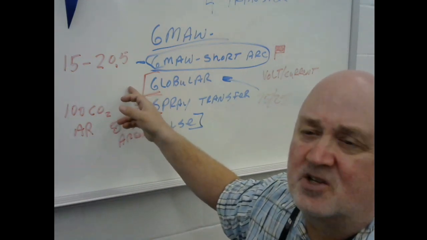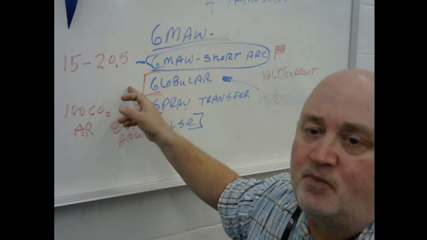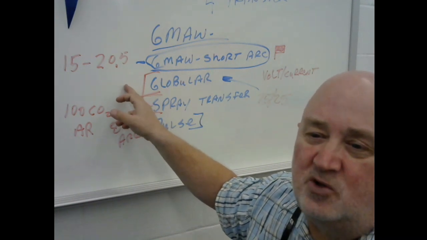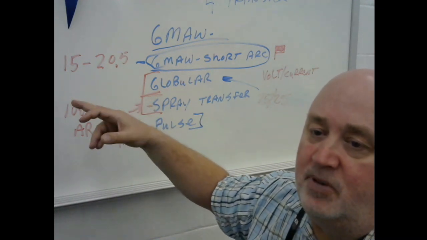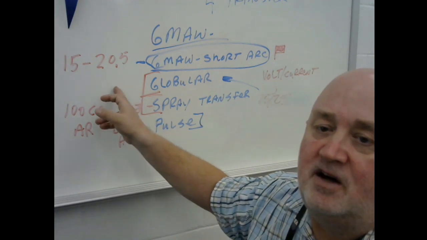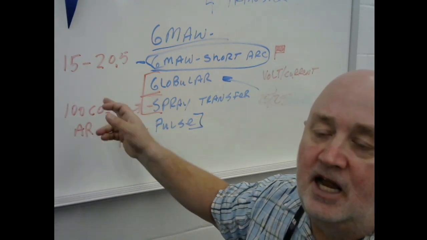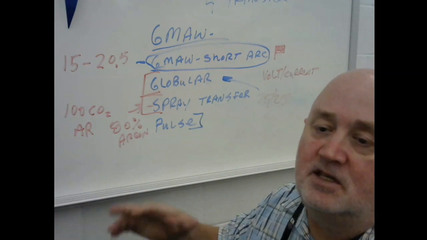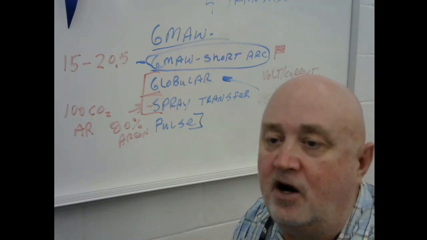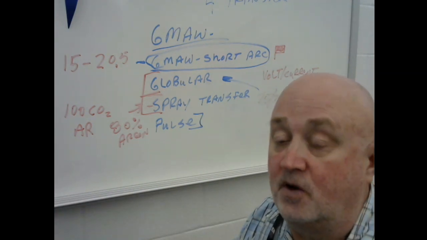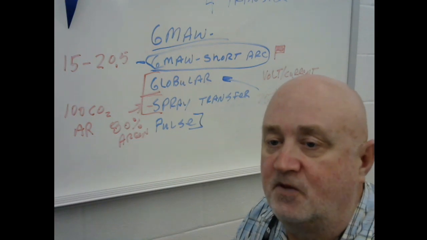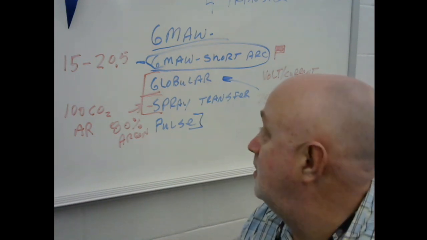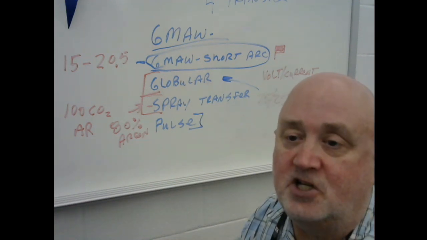And this is using 0.45 as an example. And then I want to say 24.5 and above is probably getting out of globular and getting into the spray arc mode. The larger the wire you use, of course, the voltage and the amount of current going in there is going to change a little bit.